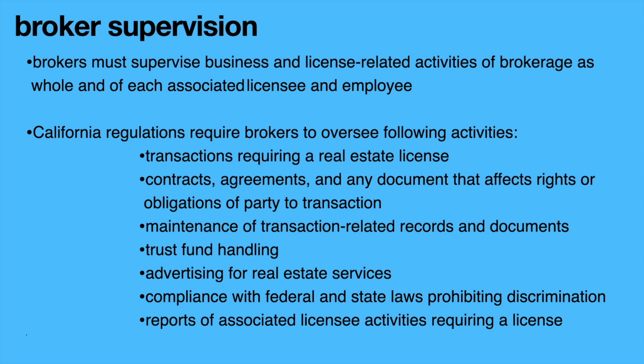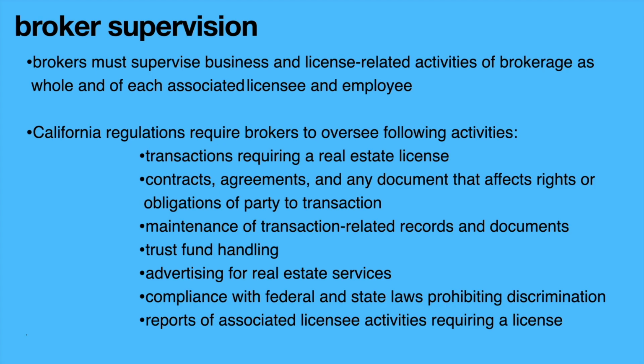California regulations require brokers to oversee the following activities: transactions requiring a real estate license, contracts, agreements, and any document that affects the rights or obligations of a party to the transaction, maintenance of transaction-related records and documents, trust fund handling, advertising for real estate services, compliance with federal and state laws prohibiting discrimination, reports for associated licensee activities requiring a license.